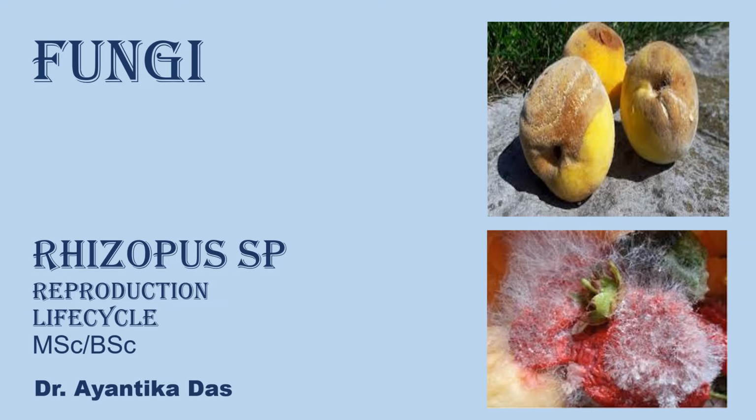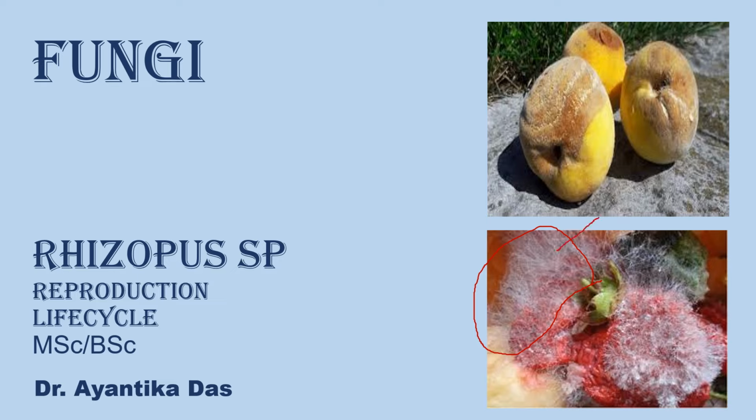This cottony mass of fungal hypha, as we are seeing, is actually the second stage of infection. In the first stage, the hyphal mass grows within the substratum, and only when the feeder mycelium has reached a certain stage of maturity do we see this type of surface mycelium.